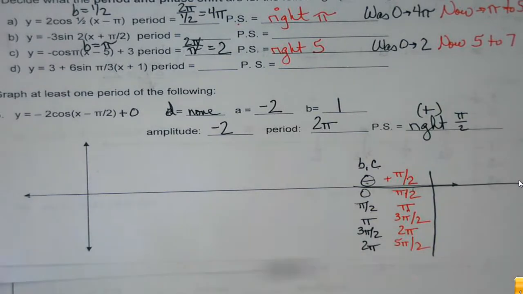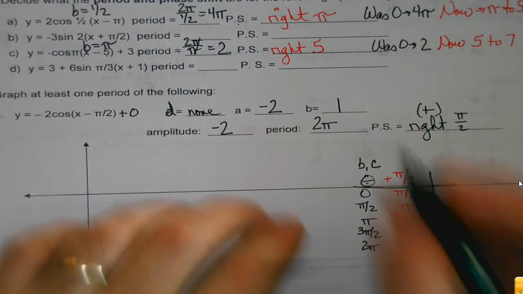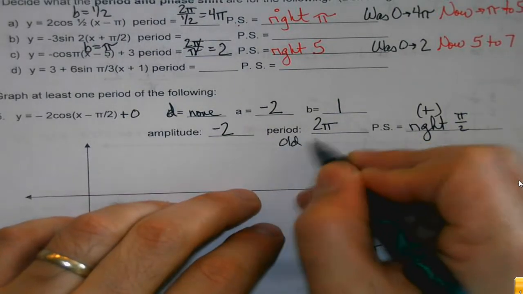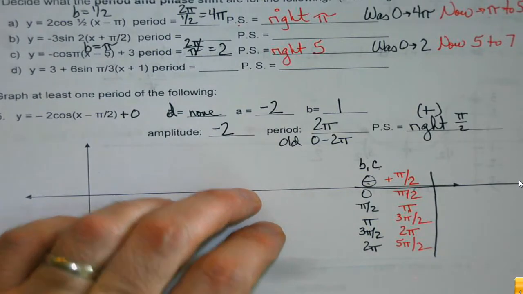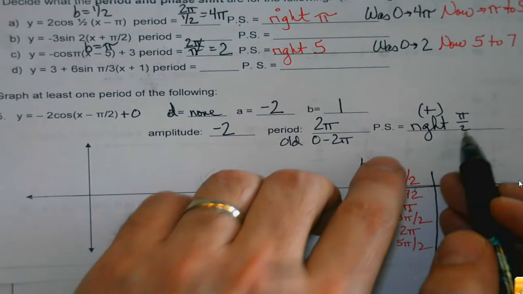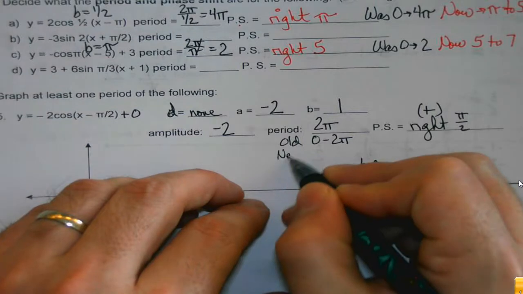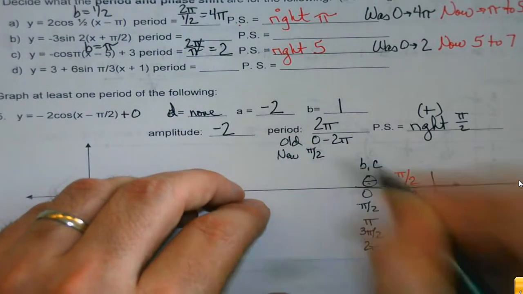To which some of you, your brains all of a sudden have this red light flashing, and you're like, Harty, wait, the period's 2 pi. That's not 2 pi. Remember, we shifted everything right too. My old period was 0 to 2 pi, and that would have been true. But now we added pi over 2 to each of those.